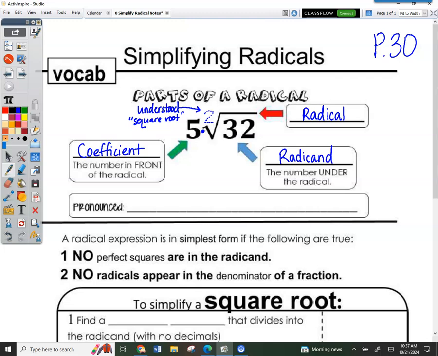Okay, so we're going to write 5 square root 32, and then I'm going to put a slash to imply or 5 root 32. You might hear it either way. Okay? 5 square root 32, we'll put it in quotation marks, or 5 root 32.